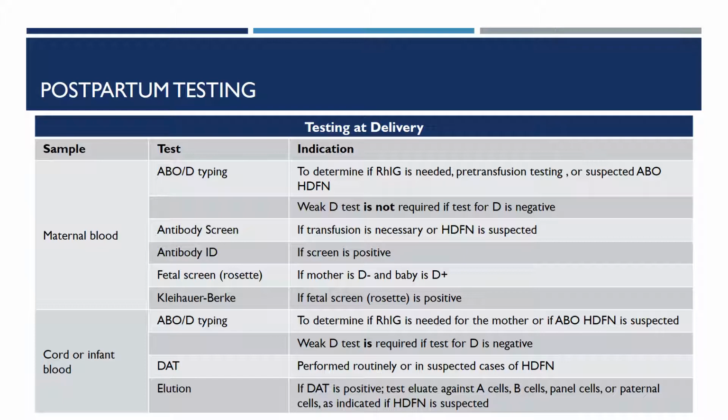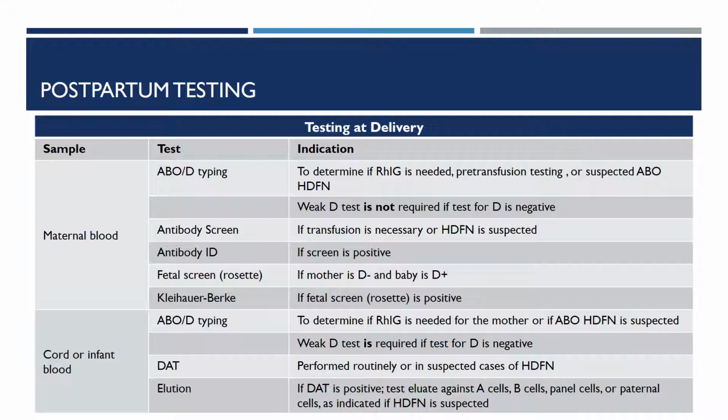So if you do a weak D, you have to remember, don't let that change your consideration for RhoGAM, because weak D moms can potentially produce an anti-D, in particular if they come in contact with full D cells. You're going to do the antibody screen on the mom, and that helps us know if there is already an antibody present and what its titer is.